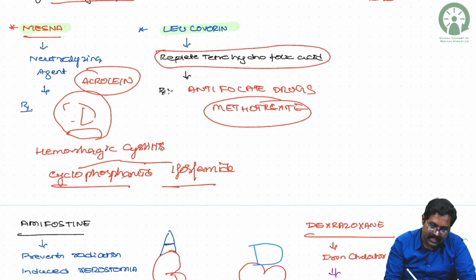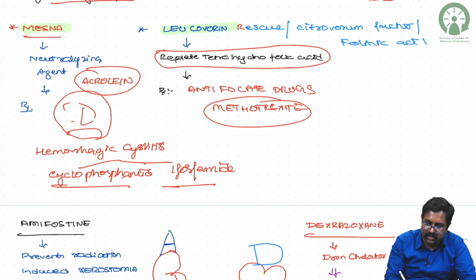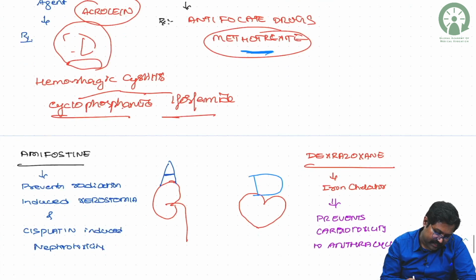So this is called leucovorin rescue, or it is also called citrovorum factor, or folinic acid supplementation. It is given to treat the folic acid deficiency in case of methotrexate.